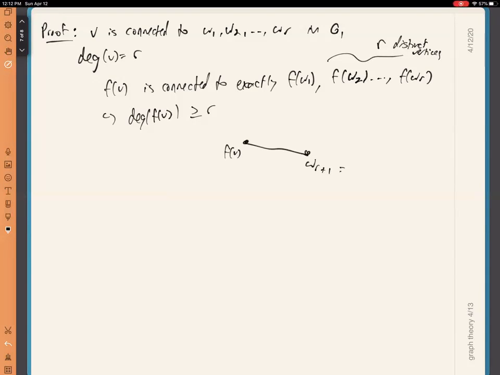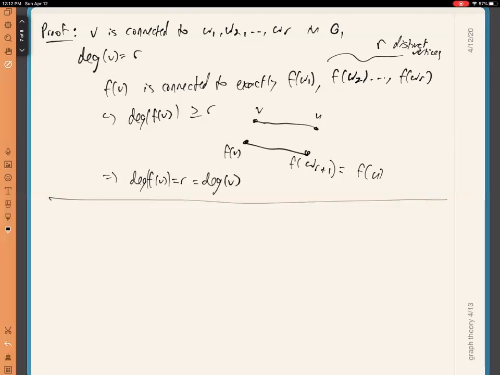Well, WR plus 1 has to equal f of U for some U in the original graph, because my function is a bijection, and so therefore V would have had to be connected to U, right? So we would need V connected to U, and so therefore U would have been in the original list, right? So this shows that the degree is actually exactly equal to R, which is the degree of V, right?